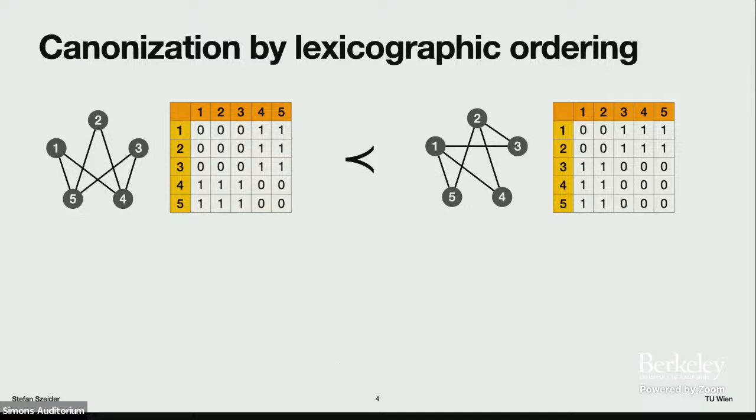If you now order these objects lexicographically along their adjacency matrix, you have a total ordering. Here, for instance, you can see the left one is smaller than the right one. And therefore, in the ordering, we can exclude the right one.